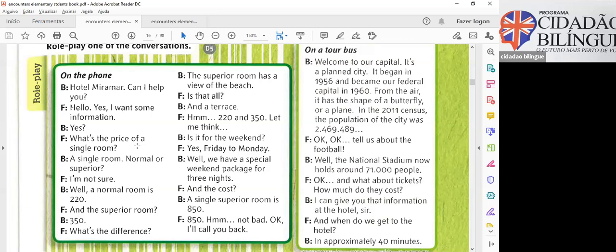Well, we have a special weekend package for 3 nights. And the cost? A single superior room is 850. 850. Not bad. Okay, I'll call you back.